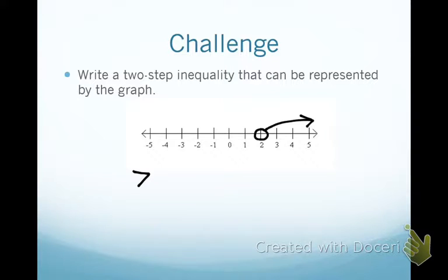Greater than. And I'm going to put my x on the left side, so some combination of x would be greater than some number. But now it's got to be two-step. My solution is 2, so I might want to use an even number connected to my variable, maybe like a 2x.